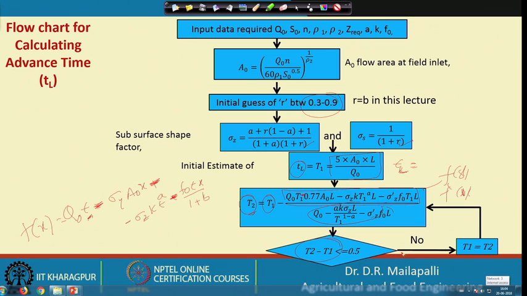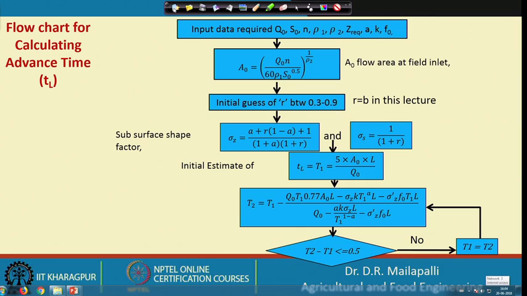If it is not close, again you update T 1 with T 2, right, and do the iterations as long as T 1 is almost equal to T 2, that means very close.